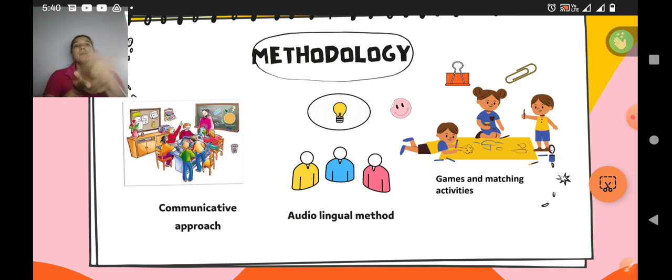Game matching activities: it is very important that the students learn through games, that it is a dynamic class, and that is how I use games and different activities to strengthen the students' learning.